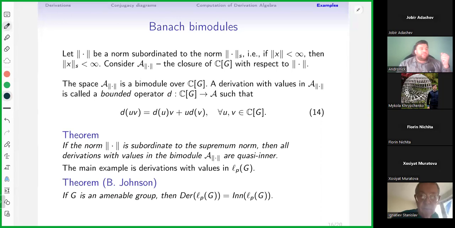And what I was talking about several minutes before: if you take the Banach bimodule, for example, you take a norm which is subordinated to the supremum norm, then all derivations are inner. I'm sorry, not inner, but all derivations are quasi-inner. Why?